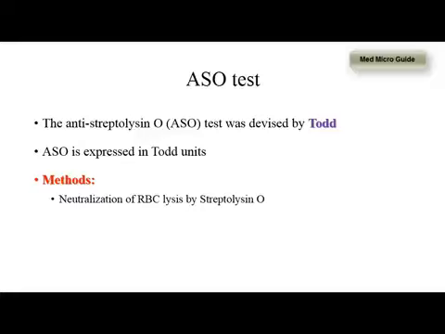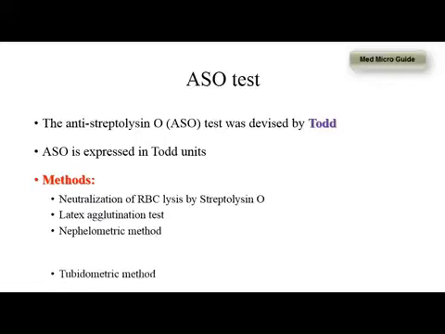Nowadays, the neutralization test is replaced by the latex agglutination test. The sensitivity of the latex agglutination test is very low. In recent days, the latex agglutination test has been replaced with the nephelometric and turbidometric methods of ASO estimation.